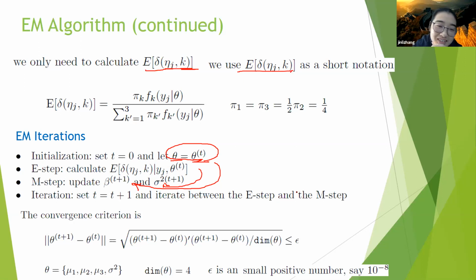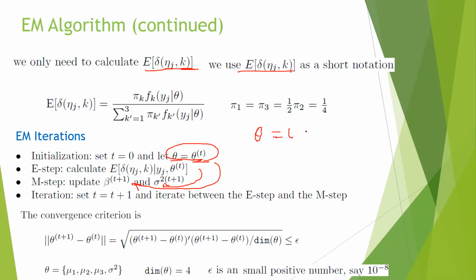But what is the theta? Like in the density function, what is the theta? You mean what is the theta here? Yeah. Theta actually equals 4 parameters: mu1, mu2, mu3, and sigma square.